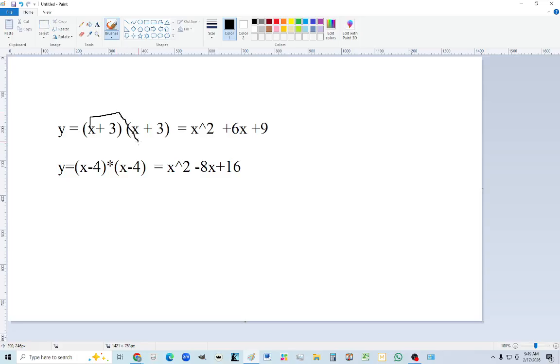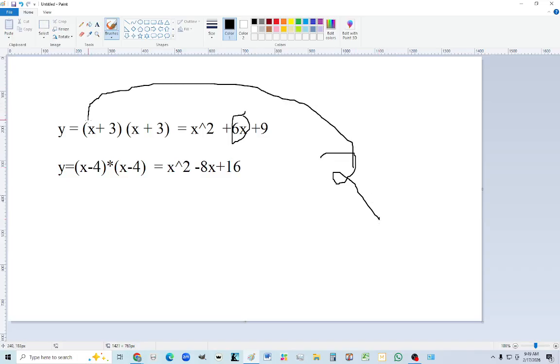Notice that it's always these first terms, whatever it is, squared, right there. And it's always these second terms, the 3, squared, right there. Notice that the x squared here is there, and the minus 4 squared is there. And then this middle term is always 2 times the first term, x, times the second term, because there's 2 of them.